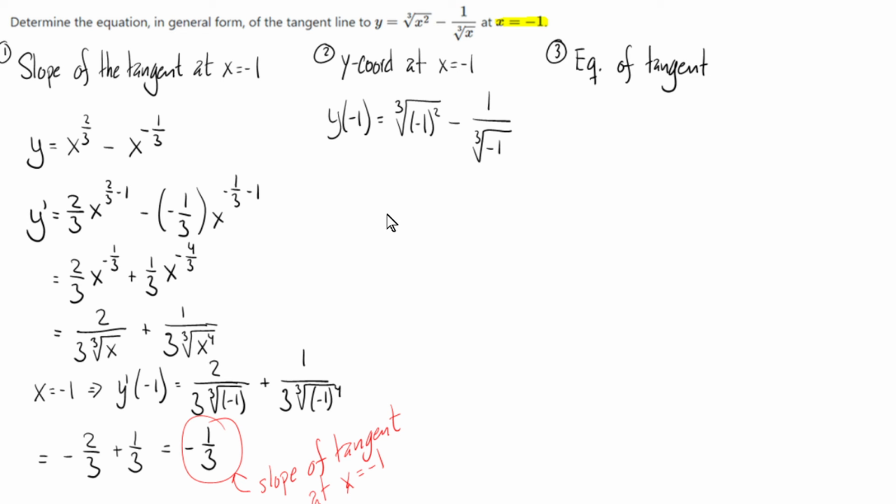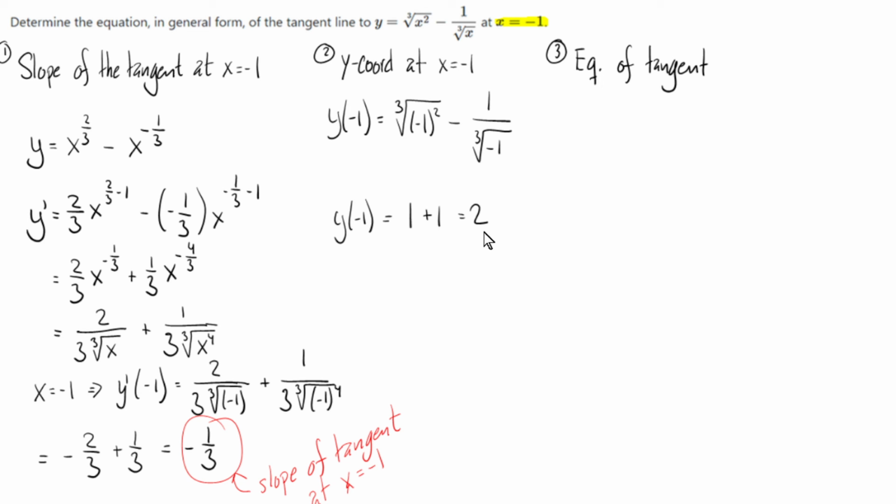Okay. So negative 1 squared is positive 1. Cube root of positive 1 is just 1. The cube root of negative 1 is negative 1. 1 divided by negative 1 is negative 1, but there's already a minus sign here, so it's going to become plus 1. So y of negative 1 equals 2.